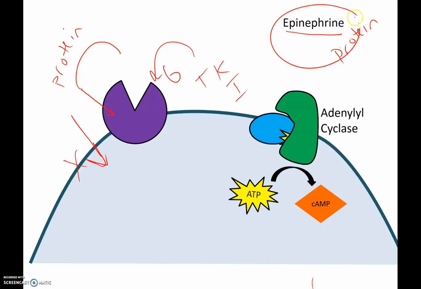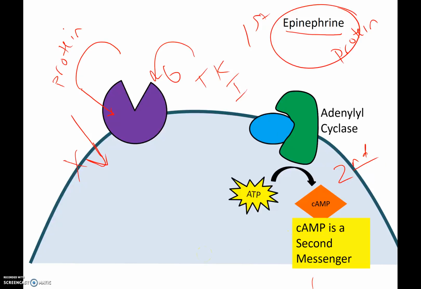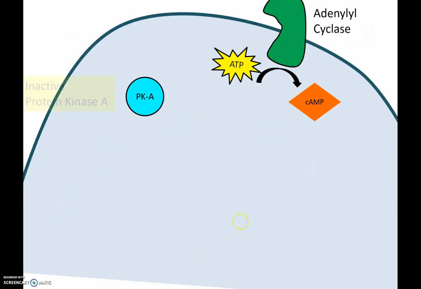So while epinephrine was our first messenger, cyclic AMP is going to be our second. And cyclic AMP's job as a second messenger is to travel in the cytoplasm and find the first protein kinase.